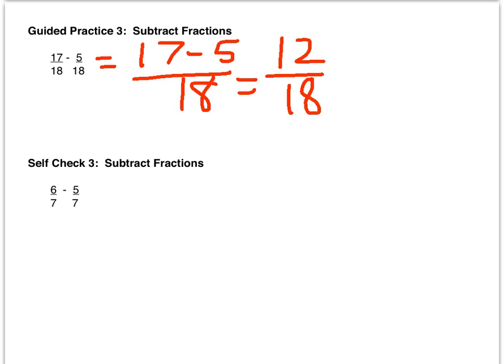Both of them are composite, so they have some factors in common. And the greatest common factor of 12 and 18 is 6. So I'm going to divide both the numerator and the denominator by 6, and I get 2/3 as my answer. Now you try it. In self-check 3, subtract the fractions 6 over 7 minus 5 over 7.